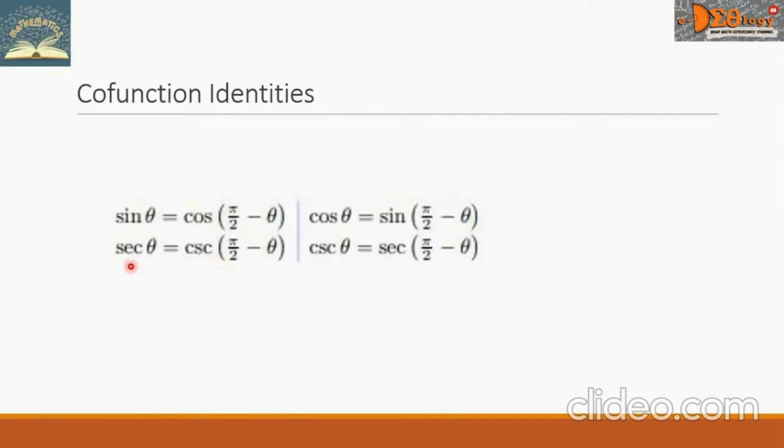So we have here secant theta equals cosecant of the angle pi over 2 minus theta. Also, cosecant theta equals secant of the angle pi over 2 minus theta. The tangent and cotangent are cofunctions. So we write tangent theta equals cotangent of the angle pi over 2 minus theta. And cotangent theta equals tangent of the angle pi over 2 minus theta.